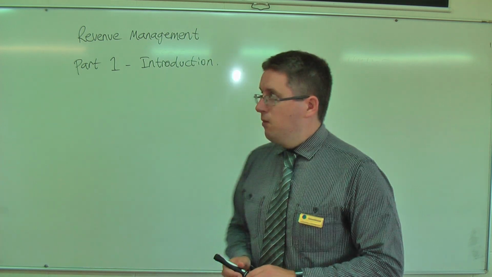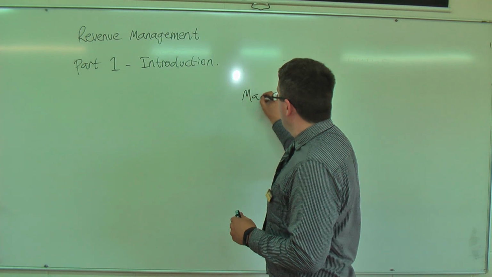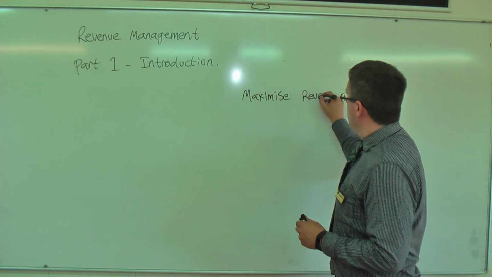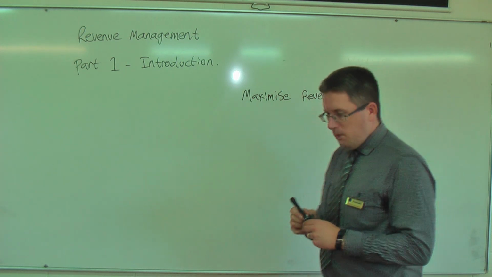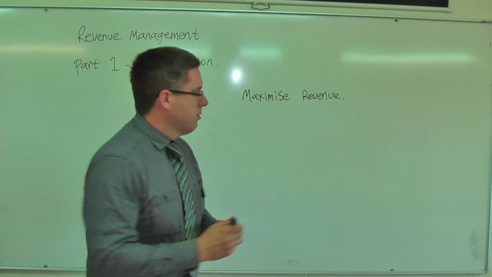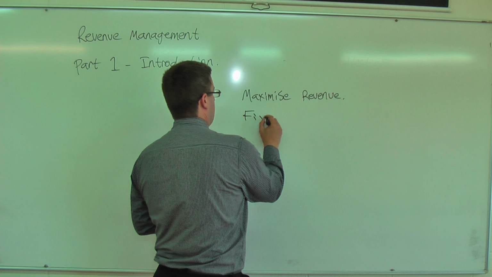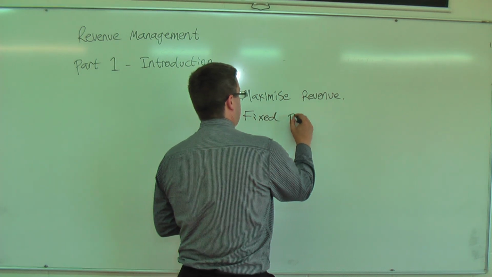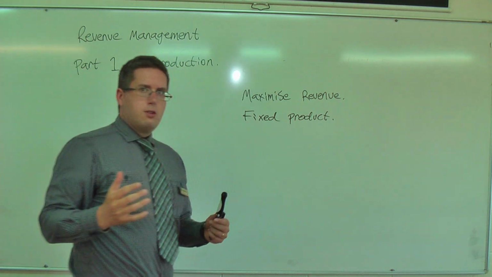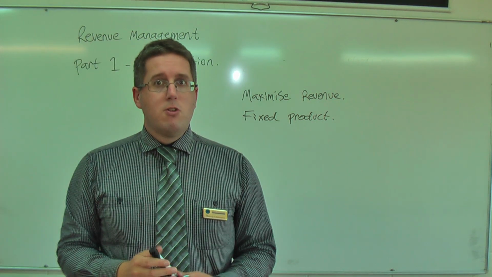So that's the really big definition, but let's just break it down. It's about maximising revenue. That's what it's about. And it's because we've got fixed product. That was another word that came out. Fixed product is, well, we've only got so many rooms in a hotel.